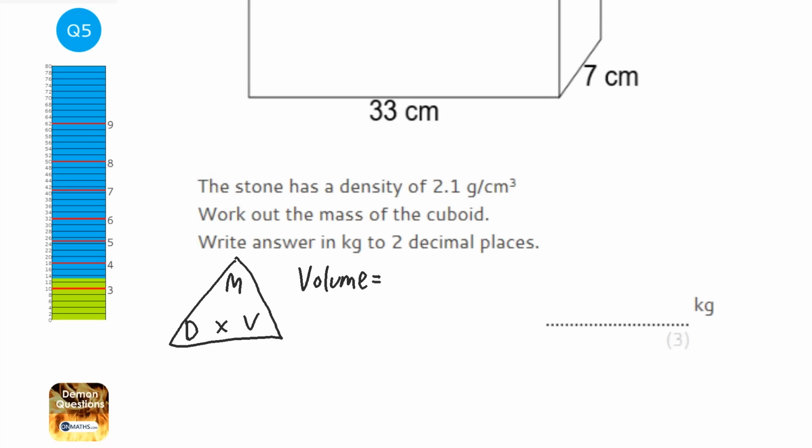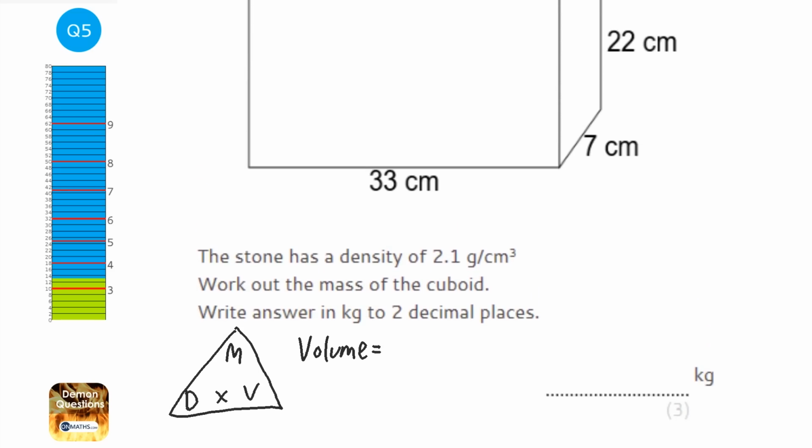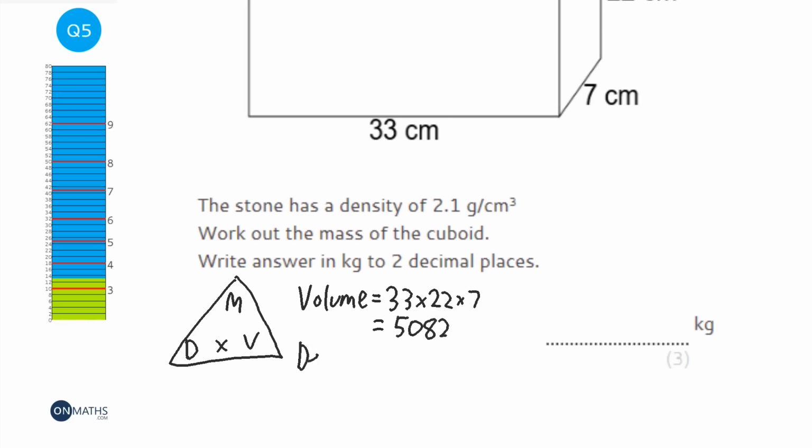And of a cuboid, it's just timesing all the dimensions together, so 33 times 22 times 7. So 33 times 22 times 7 on the calculator, and I get 5,082.